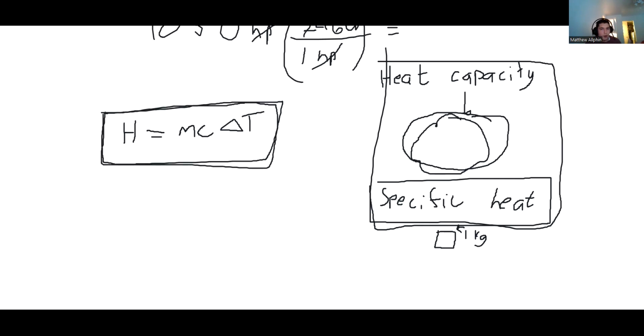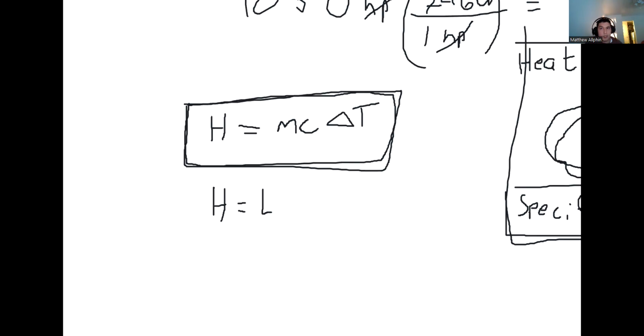But if I want to figure out how much heat it takes for an ice cube to melt into water, I would use this equation right here. And this is the equation for latent heat. And so usually I should probably look at what it is exactly in the book, what equation it gives you, or even on the test packet. Let me see, because in physics, it might be a little different.